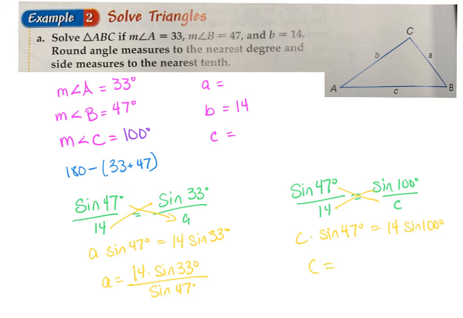So C is going to equal 14 sine 100 divided by sine 47. And when you put all of those into your calculator, they wanted us to round to one decimal place. So when we solve for A to one decimal place, you should get 10.4. When you do C, you should get 18.9.